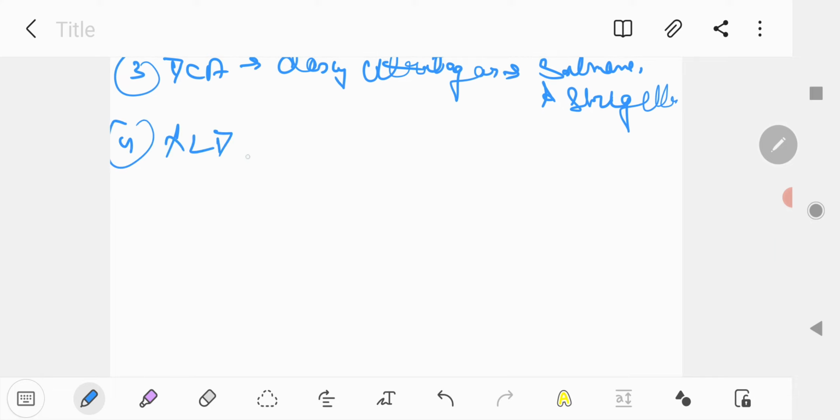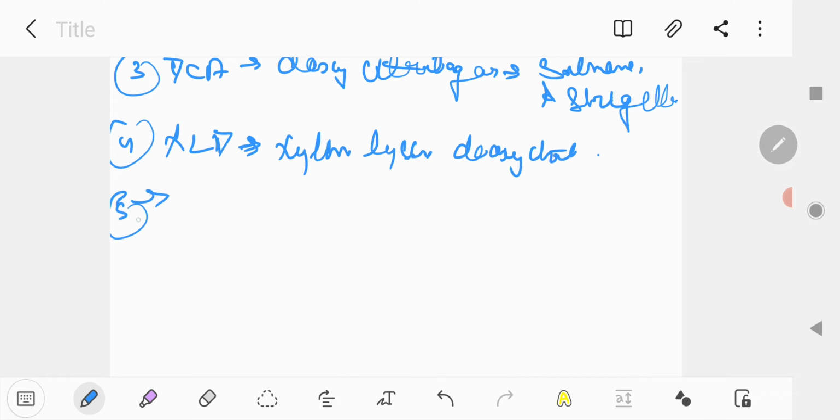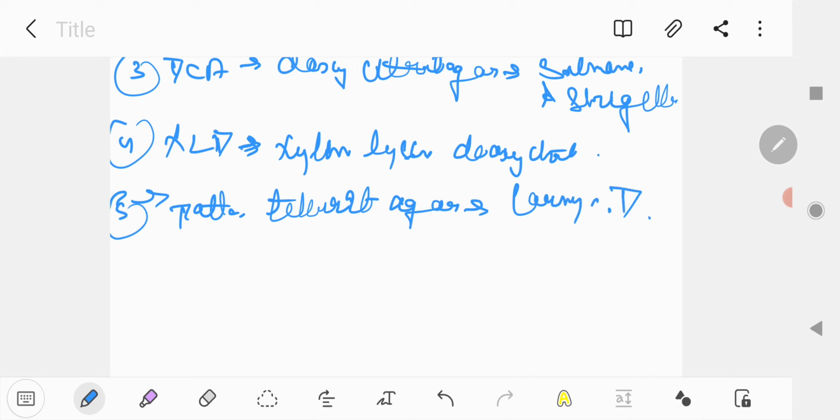These are the most important and the classic ones. This is xylose lysine deoxycholate. Then the fifth one is the potassium tellurite agar, used for Corynebacterium diphtheriae.